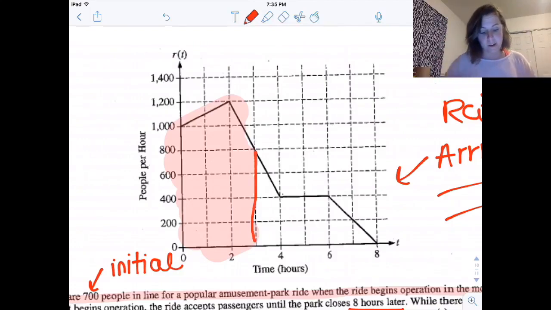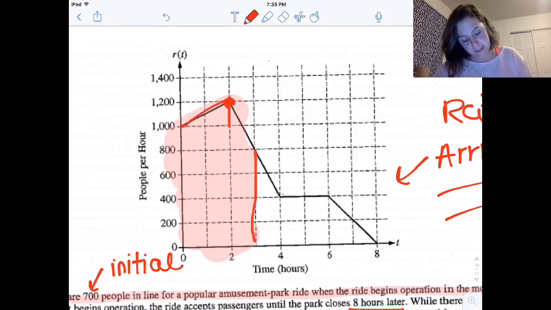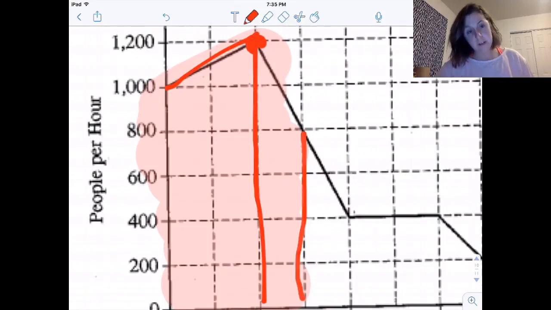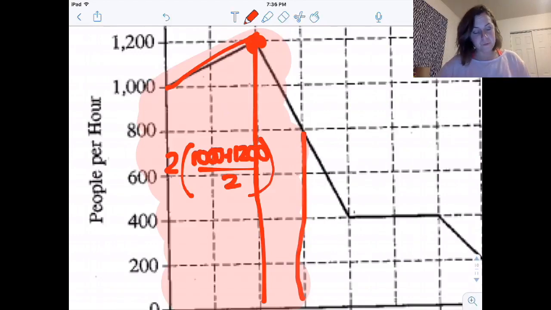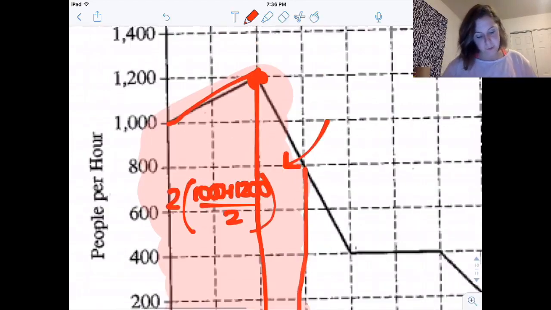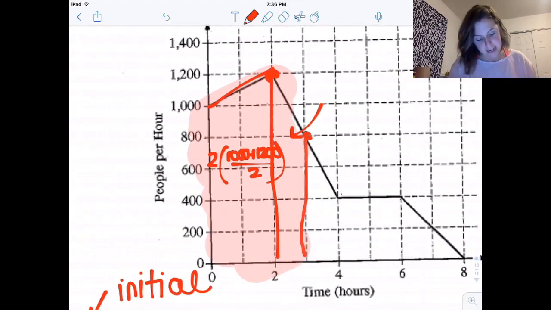It's sometimes easier, I think, to just break it up into trapezoids. So this is a trapezoid, right? And you could average your 2 y values and multiply by your height. So it would be 2 times 1,000 plus 1,200 over 2. And then this one here would be 1,200 and 800 as your y values, and that's 1 wide.